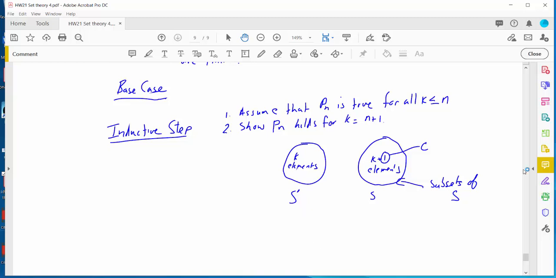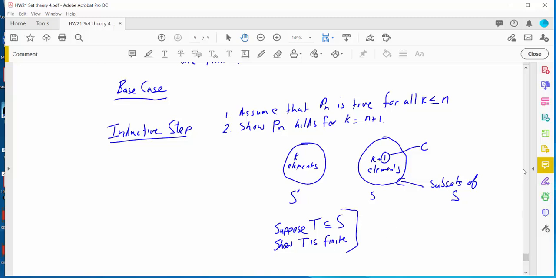So what you want to do then is remember the proof method we're involved in here: you need to just choose a subset arbitrarily from S. So suppose T is a subset of S. And then what you want to show, of course, is that T is finite.